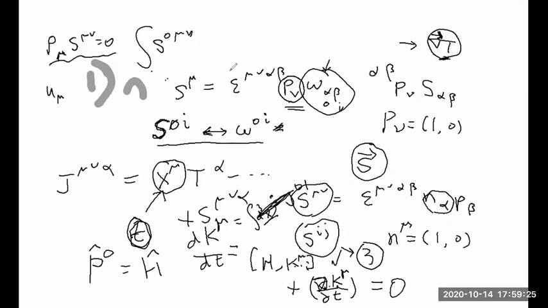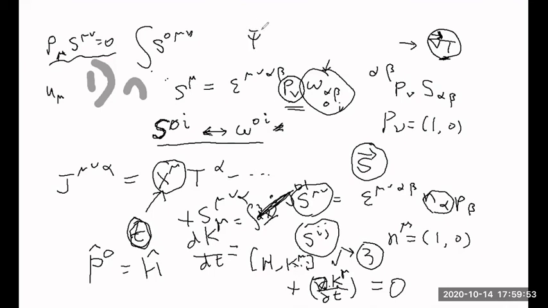Excuse me, I really want to understand what was said by Masaru. If you express S mu nu in terms of the free Dirac fermion, this is sigma mu nu psi dagger psi, and Masaru said that if you try to express it in such a way, S0i is always vanishing.